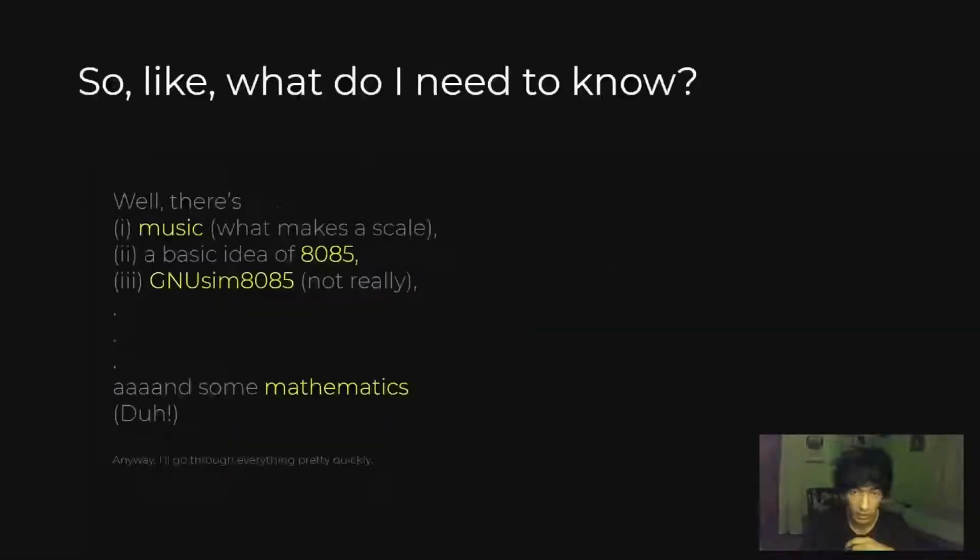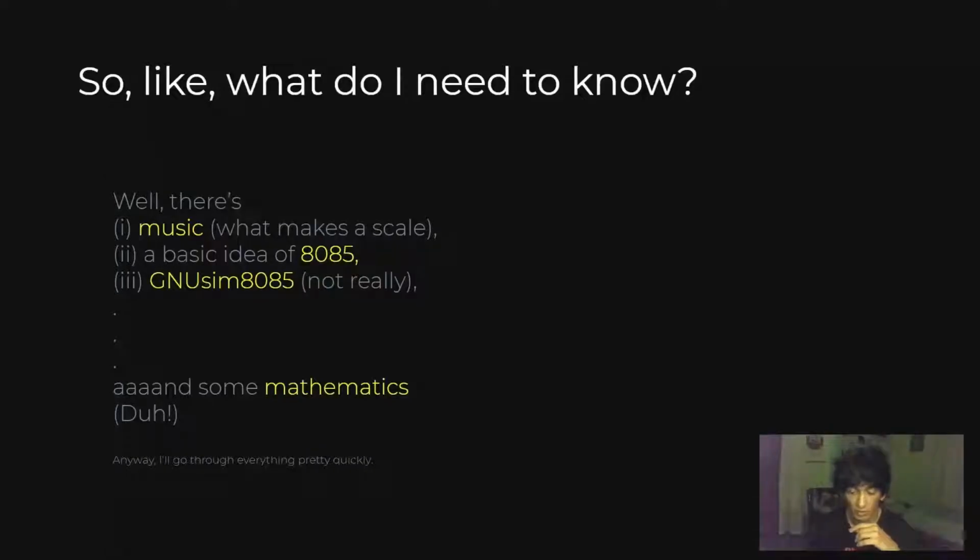So what do you need to know to understand the contents of this presentation and the code that I'll be sharing at the end of the video? First, you need to know a little bit about music, and specifically about scales. What makes a scale, and what are the frequencies of any scale? Second, of course, you need to know a little bit about 8085.